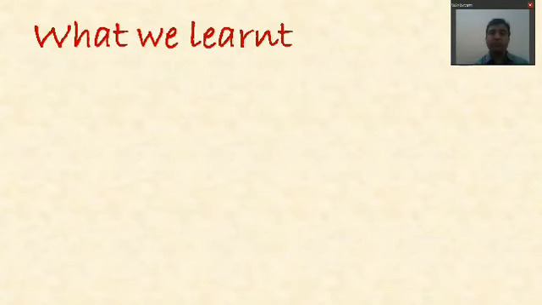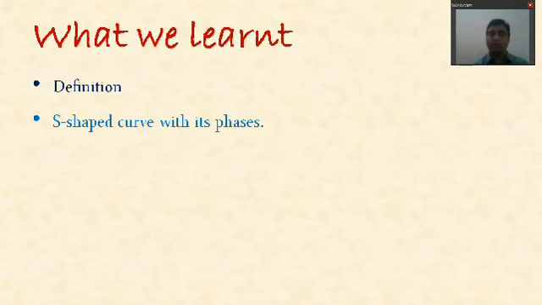Next, what did we learn? We learned about the definition, which is simply the pattern of growth of any population. It forms the population growth form, which is of two types. The first is the S-shaped curve.